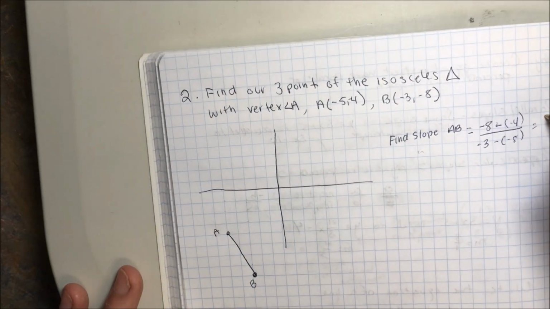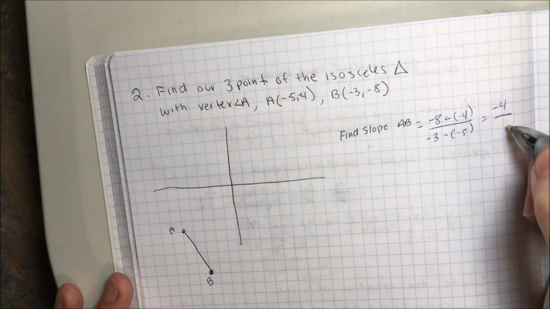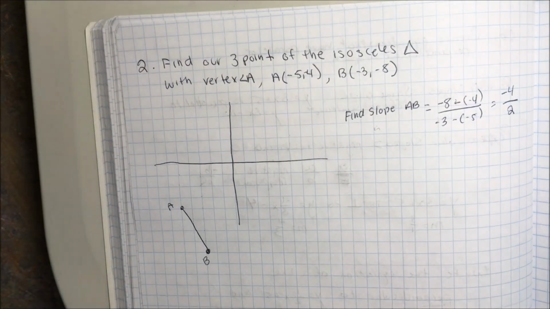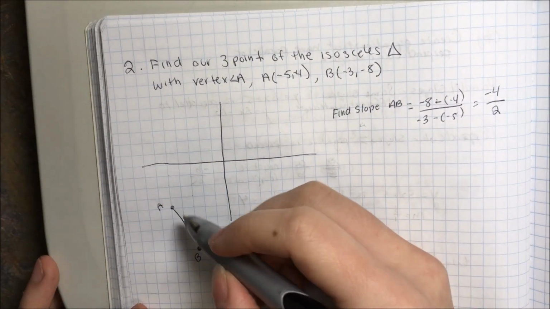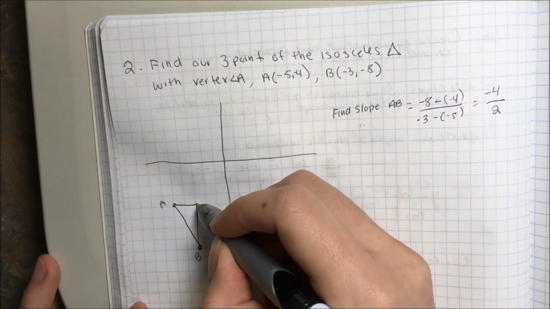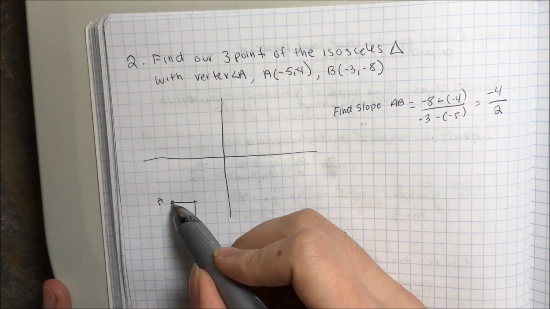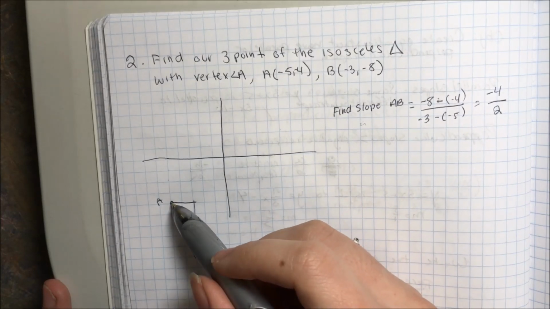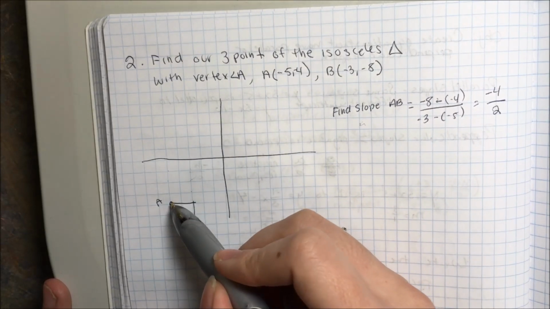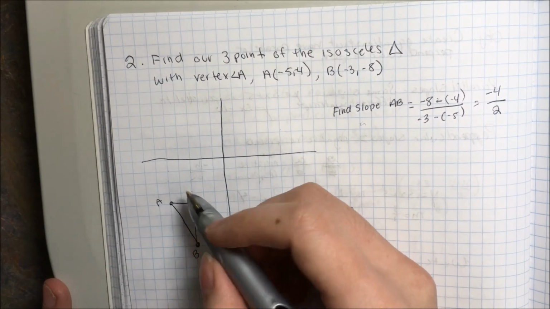And we get -4 over 2. So now we can create our right triangle and apply the Pythagorean theorem. So we have to see which vertex we're going to use to place our new right triangle. So we know we're going to be choosing vertex A because it gave us vertex A, and we know for an isosceles triangle, our vertex is between our two congruent sides.